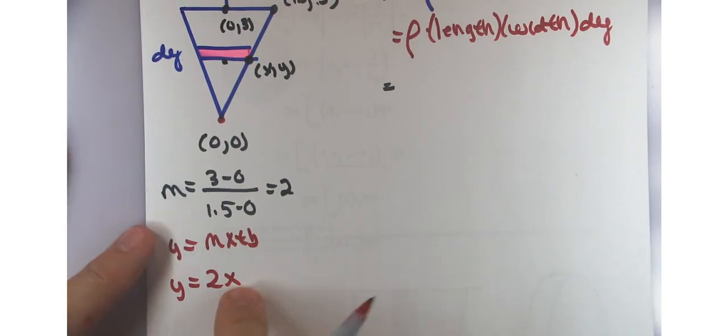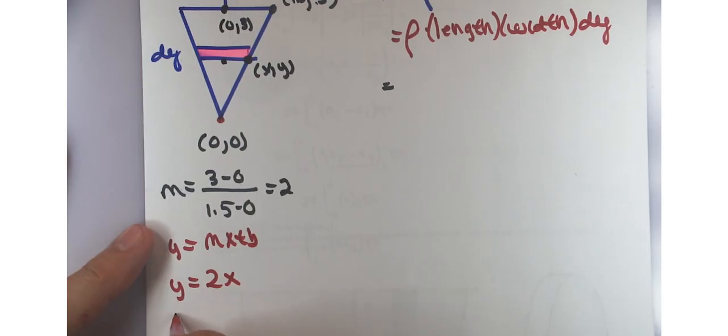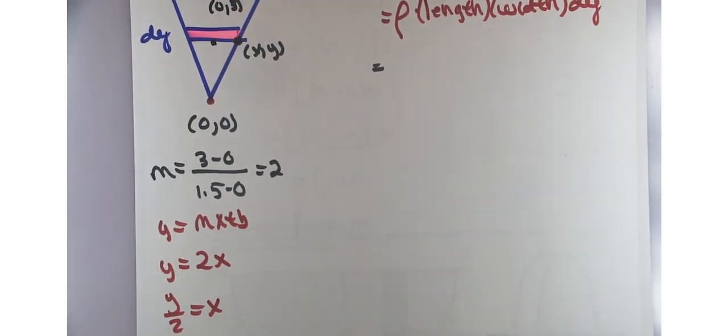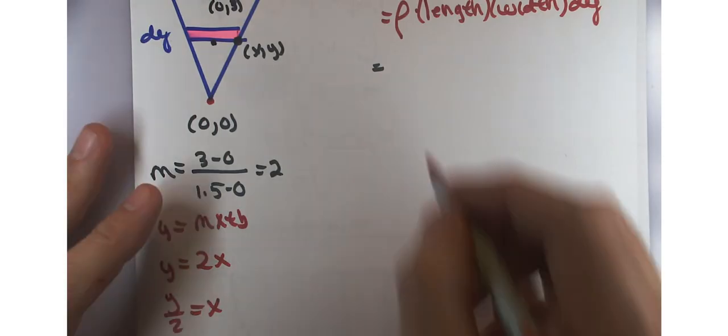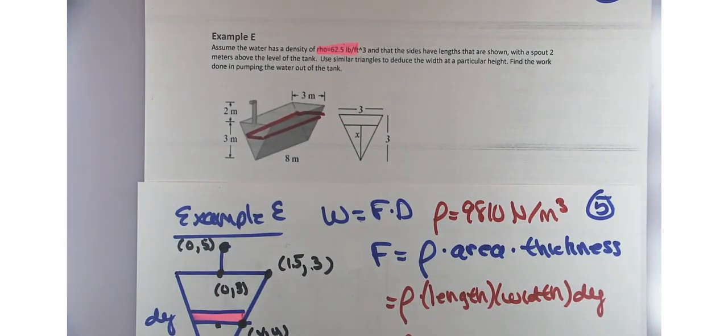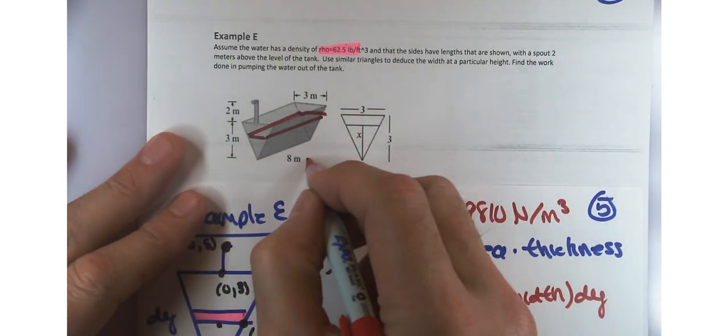Now in this case we need to solve for x. So what does x equal? Yeah, y over 2, 1/2 y. Either way you want to write it, that's fine. So that's the width. What's the length? The length is going to be the dimension this way. We don't have to do a whole lot of figuring to find out that length. What's the length? Yeah, the length is 8.